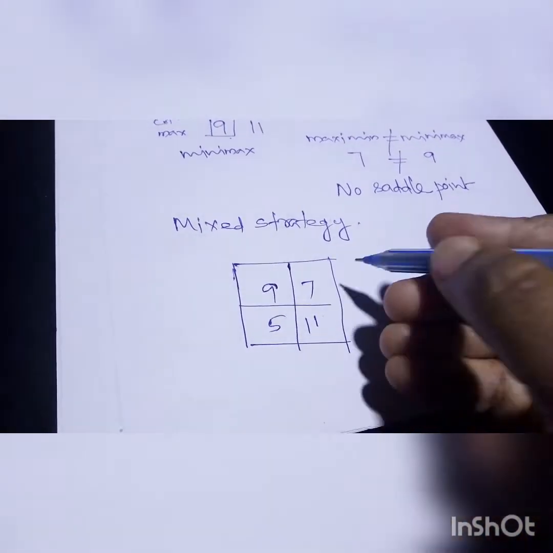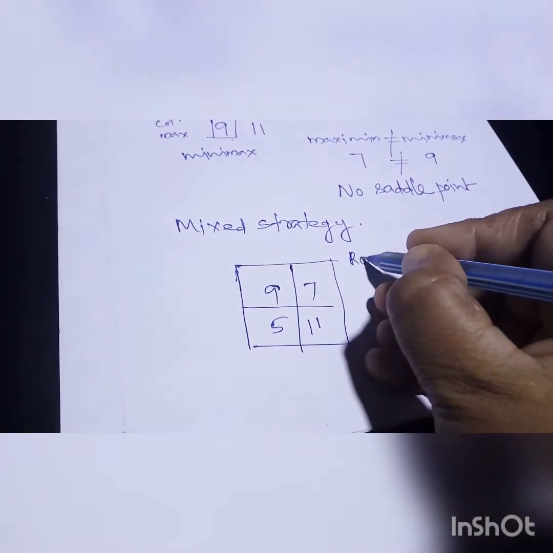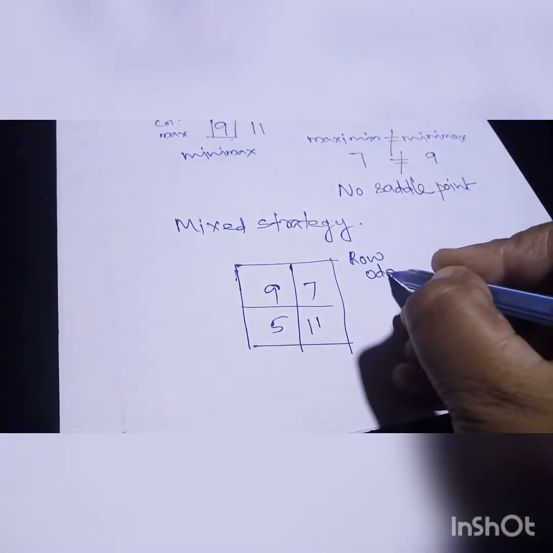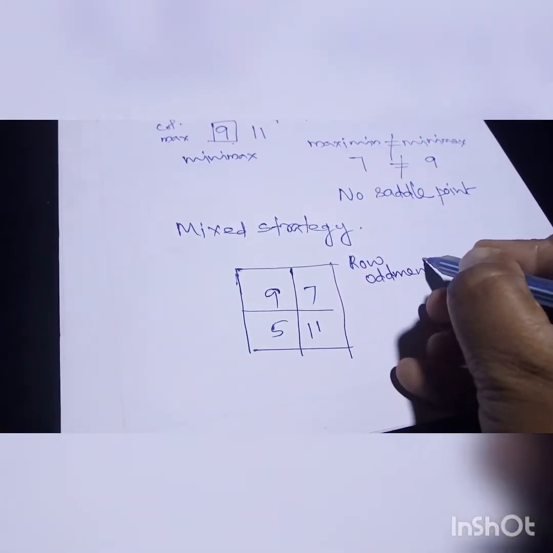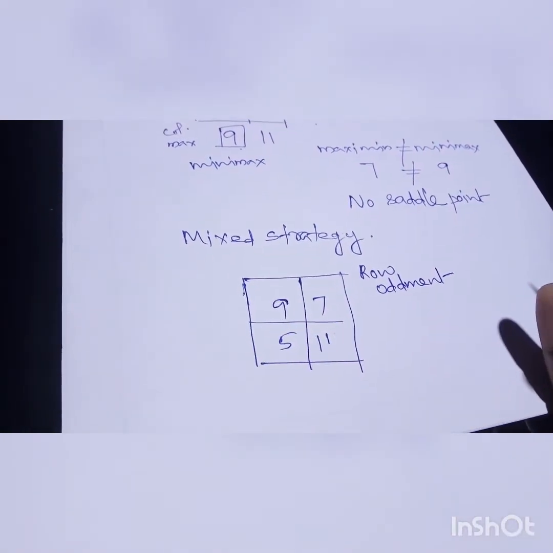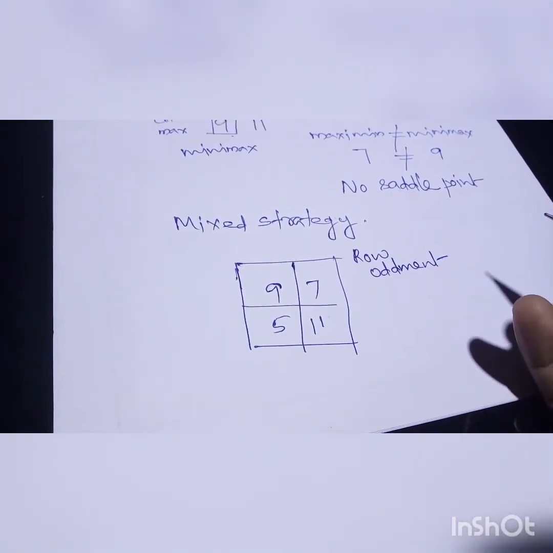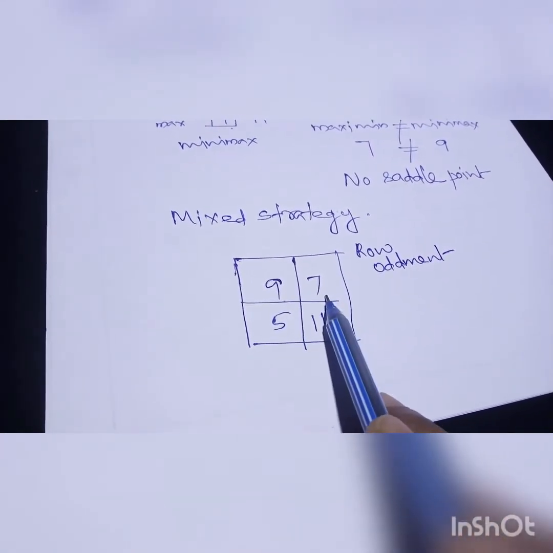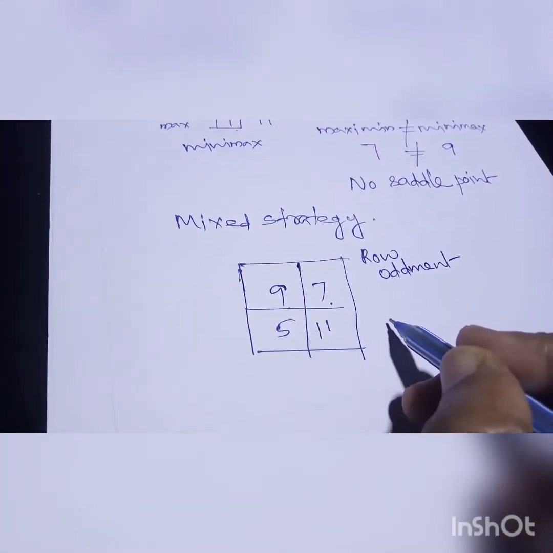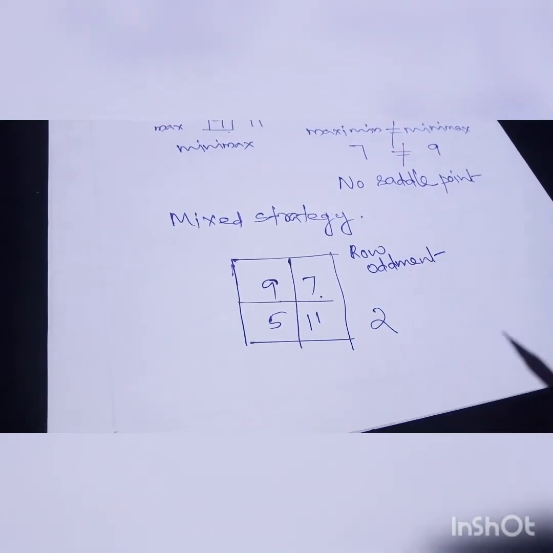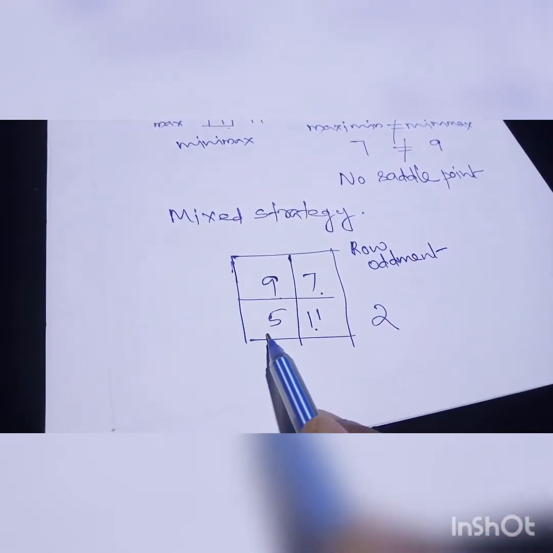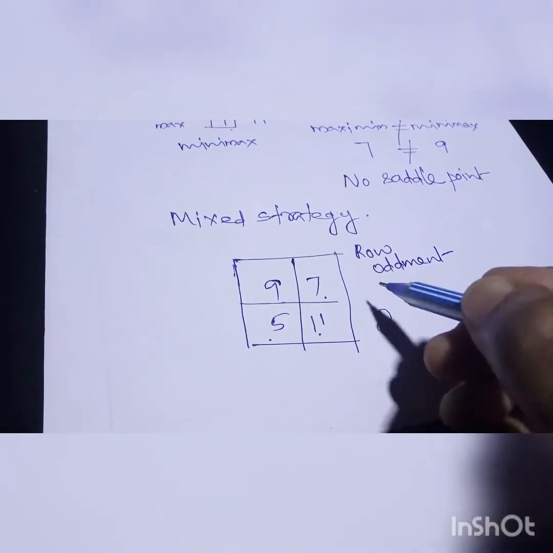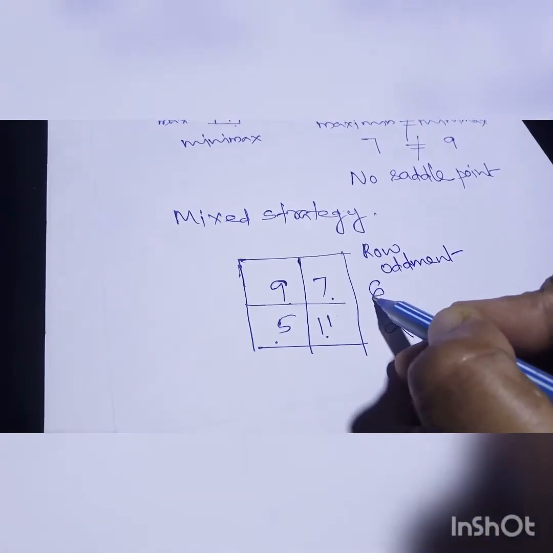First find the row augment. Row augment means subtract the row values, that is 9 minus 7, that is 2, and write it near the second row. 11 minus 5, that is 6, and write it near the first row.